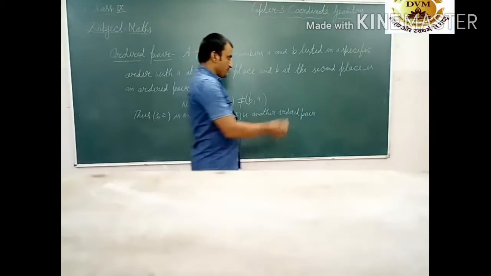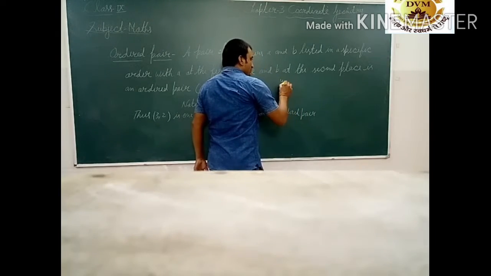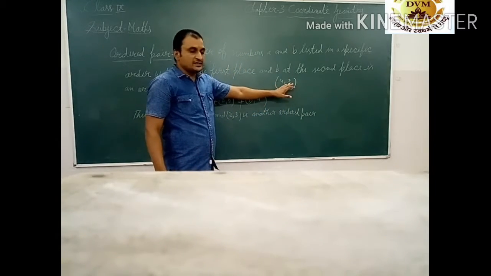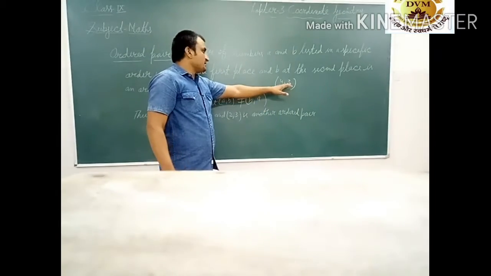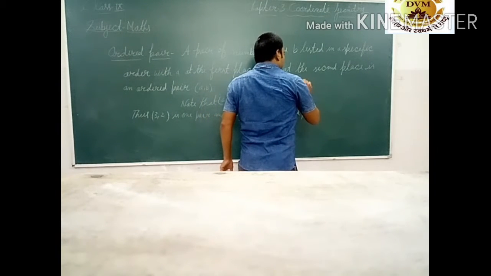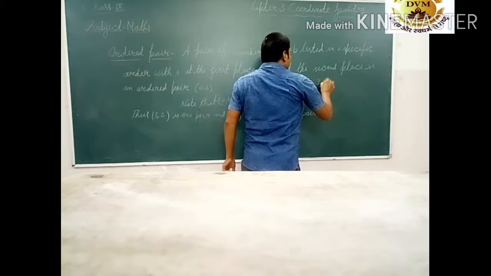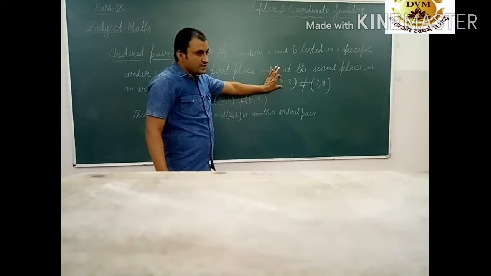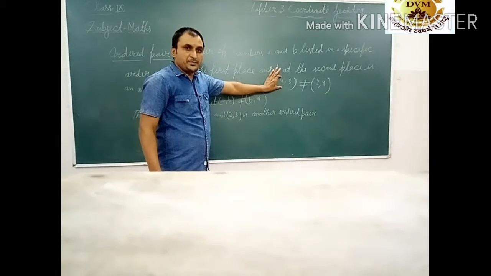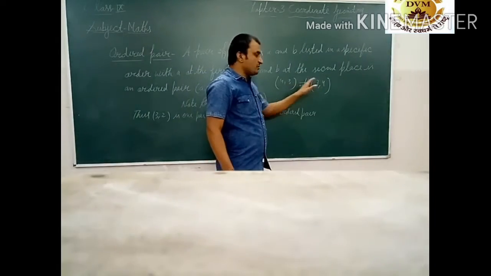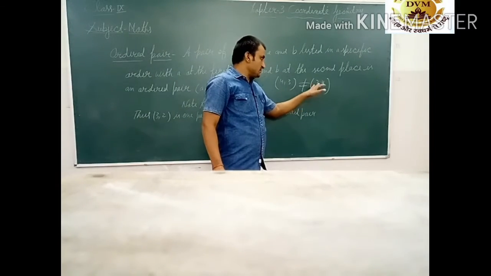So in (4, 3), 4 is at the first place and 3 is at the second place, and this is not equal to (3, 4).